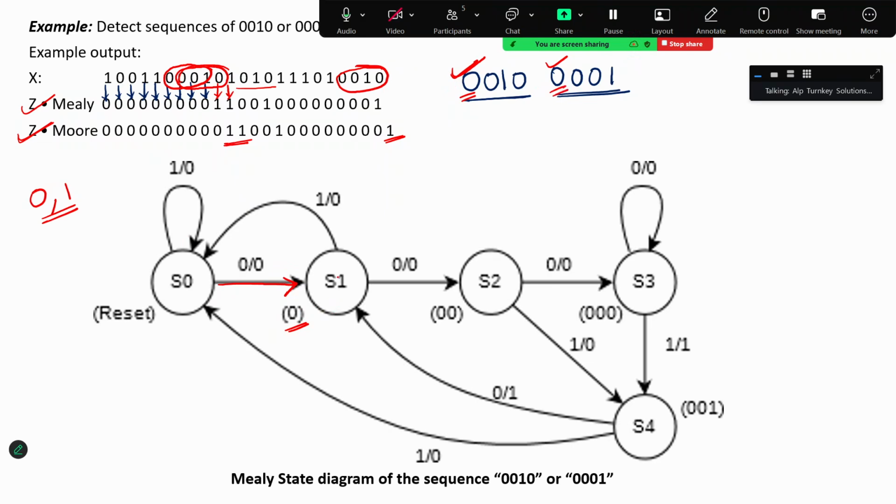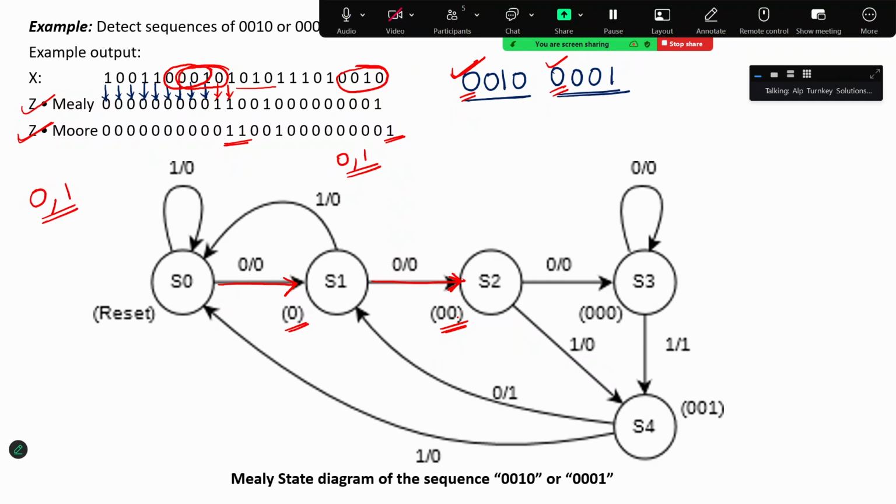Next, at S1, I need to check for two cases, either 0 or 1. If it is 0, it will go to the next state, and since I have not got the whole sequence, the output is 0. So here I got 0 0.